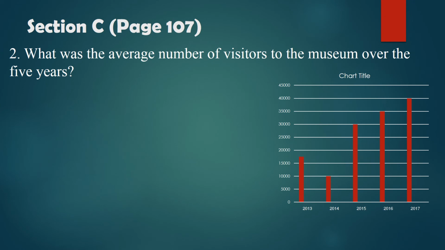Now let's move on to the second question of section C, page 107. The question is, what was the average number of visitors to the museum over the 5 years? In order to find the average, you have to take the number of visitors in 2013 plus the number of visitors in 2014 plus 2015 plus 2016 and plus 2017, and then you divide by 5.